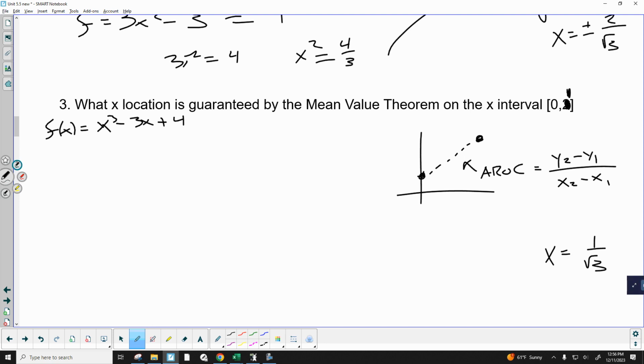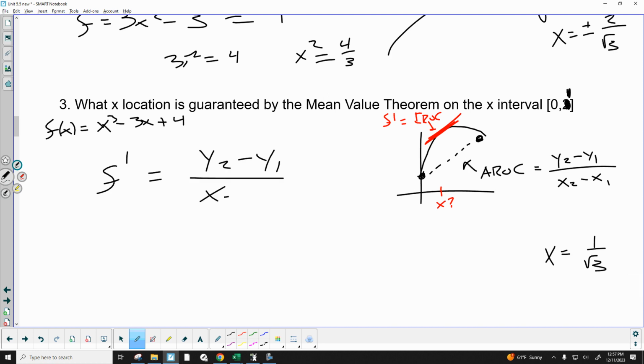Then, mean value theorem says that if you connect these 2 points smoothly, if your function is differentiable, there's guaranteed to be an x location, which you're trying to find usually, where your tangent slope or your instantaneous rate of change, which comes from a derivative, equals your average rate of change, which comes from the slope equation. So this question ends up being set up always when does your derivative equal your secant slope.